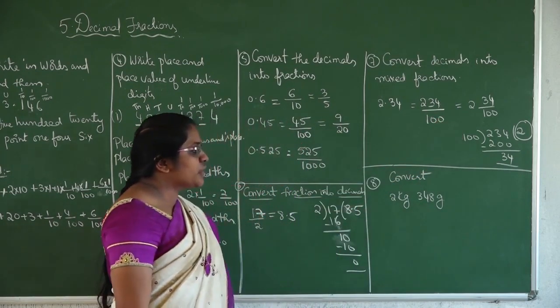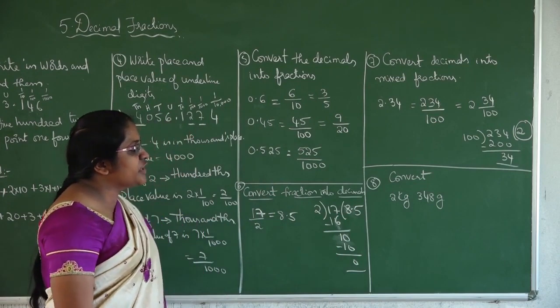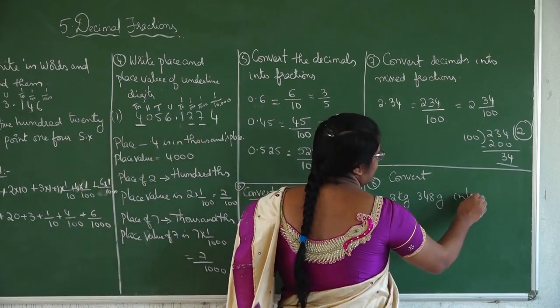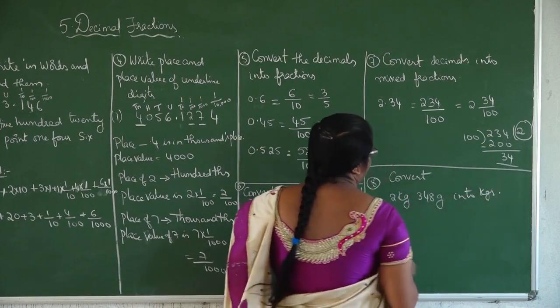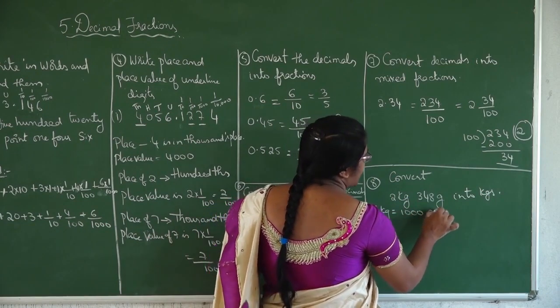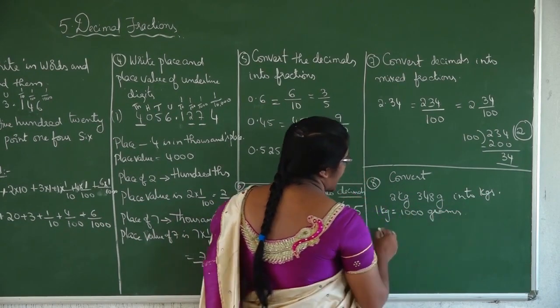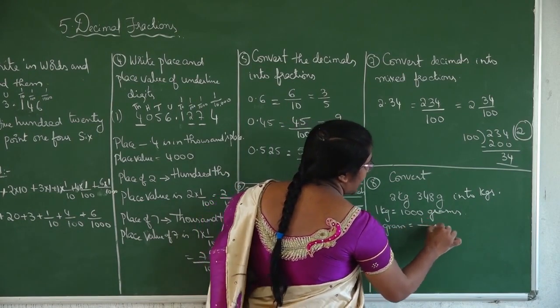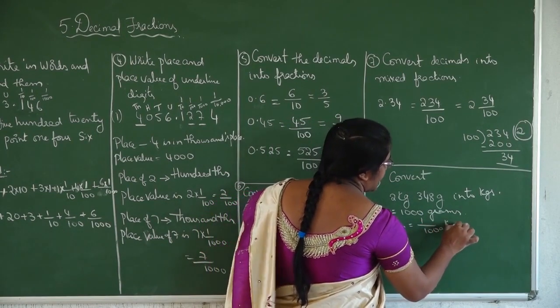Now we have to convert 2 kgs 348 grams into kgs. We know that 1 kg is equal to 1000 grams. 1 gram is equal to 1 by 1000 kg.